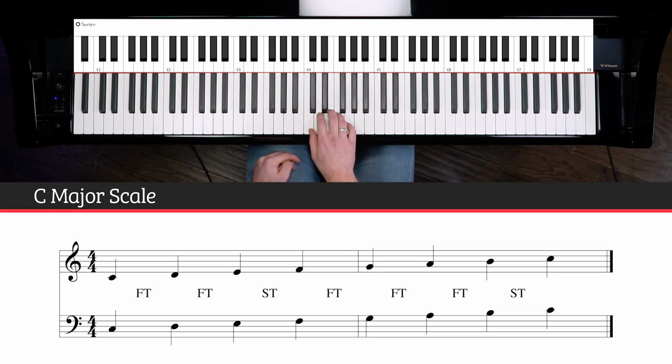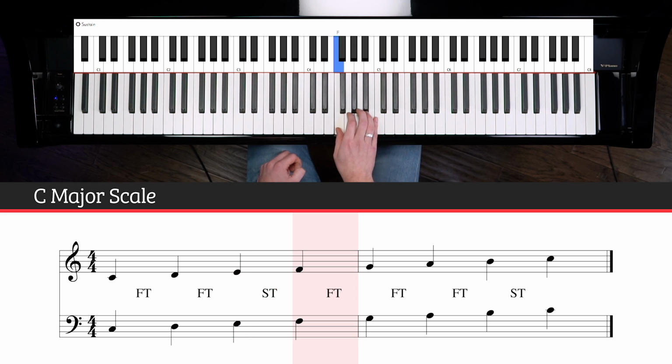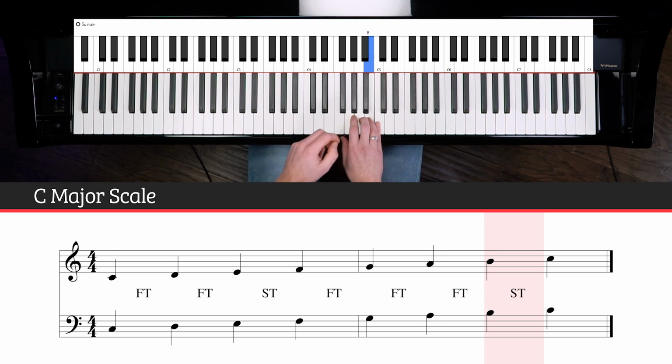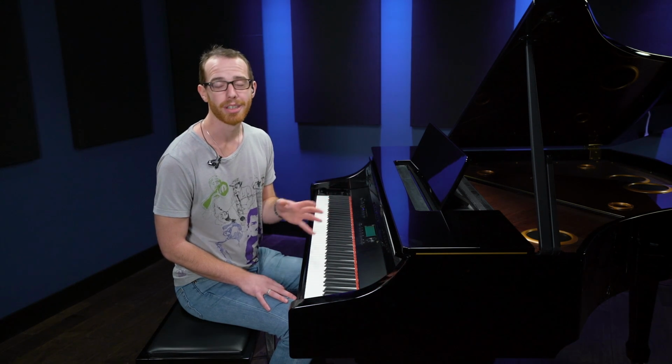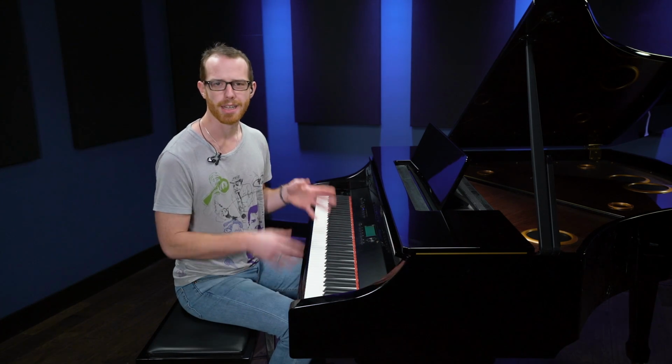We have a full tone jump between C and D, and then a full tone jump between D and E, and then a semitone between E and F, a full tone between F and G, full tone between G and A, full tone between A and B, and then finally a semitone jump between B and C. So now that we know the formula for the major scale, which is full tone, full tone, semitone, full tone, full tone, full tone, semitone, let's learn a new key and apply that formula.